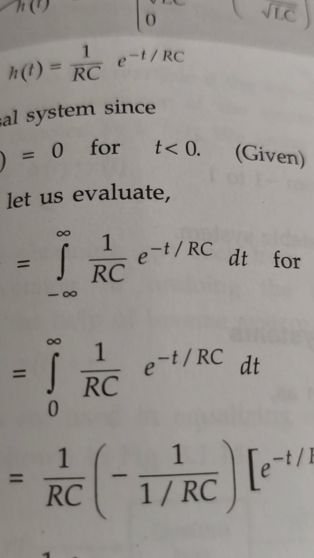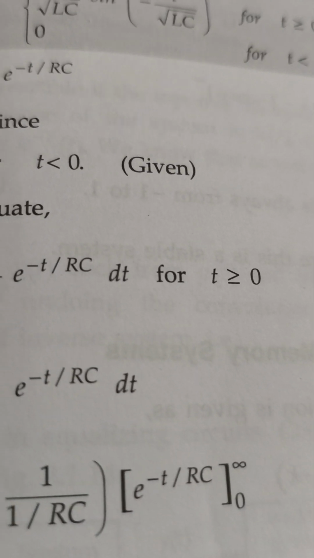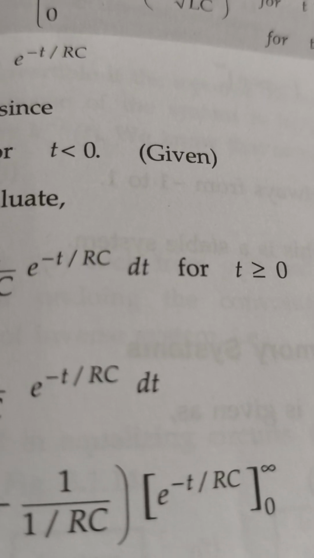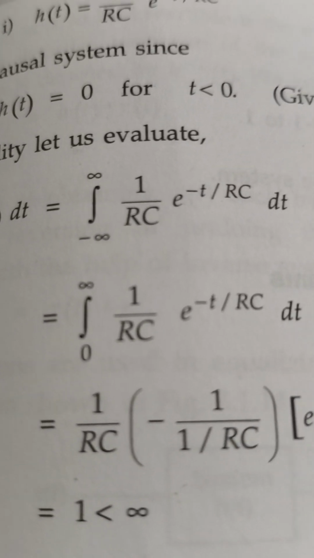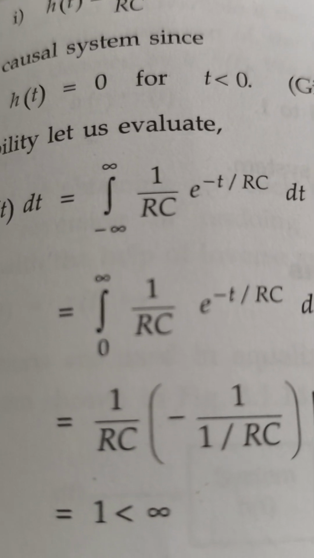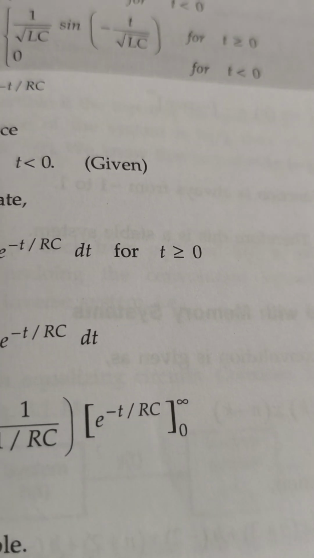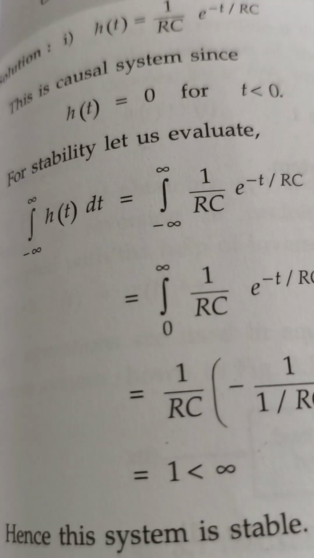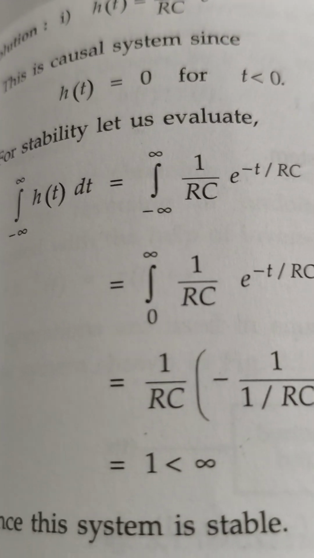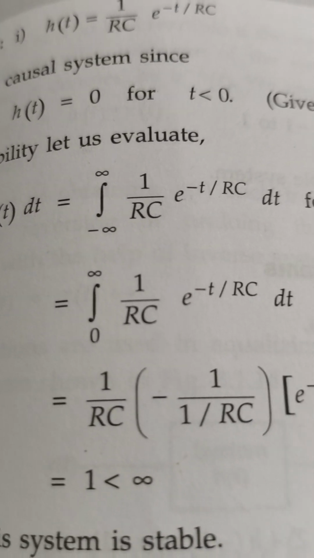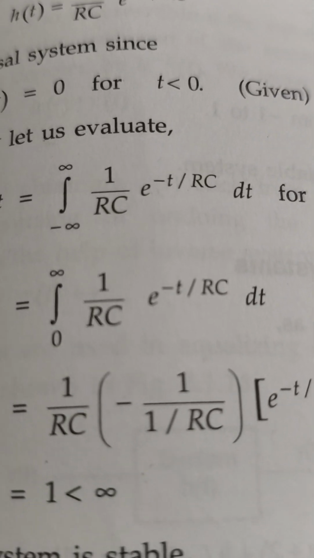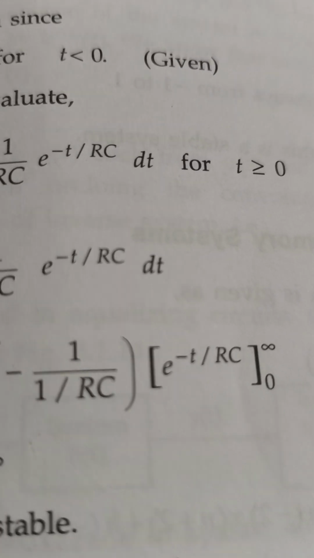Why? Because this equation holds good only when t is greater than or equal to 0. Therefore we change the limits of integration to 0 to infinity of 1 by RC e raised to minus t by RC dt.